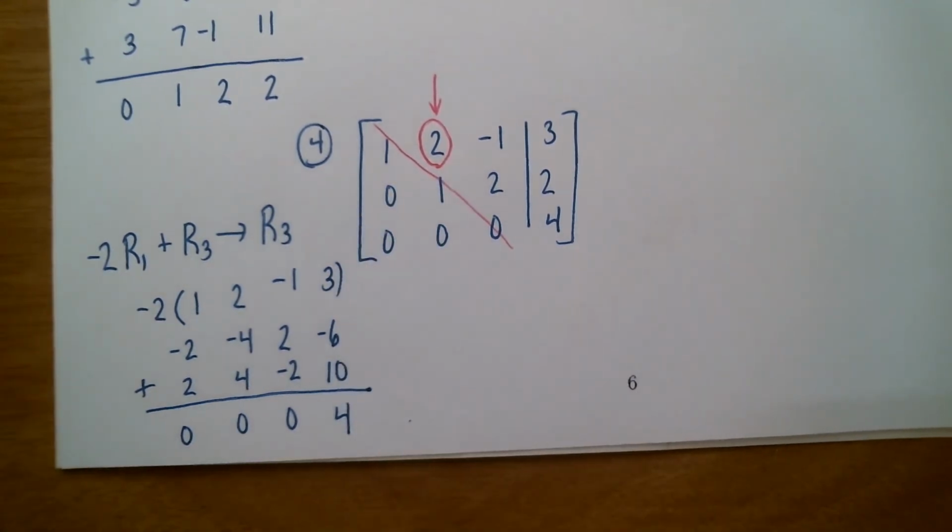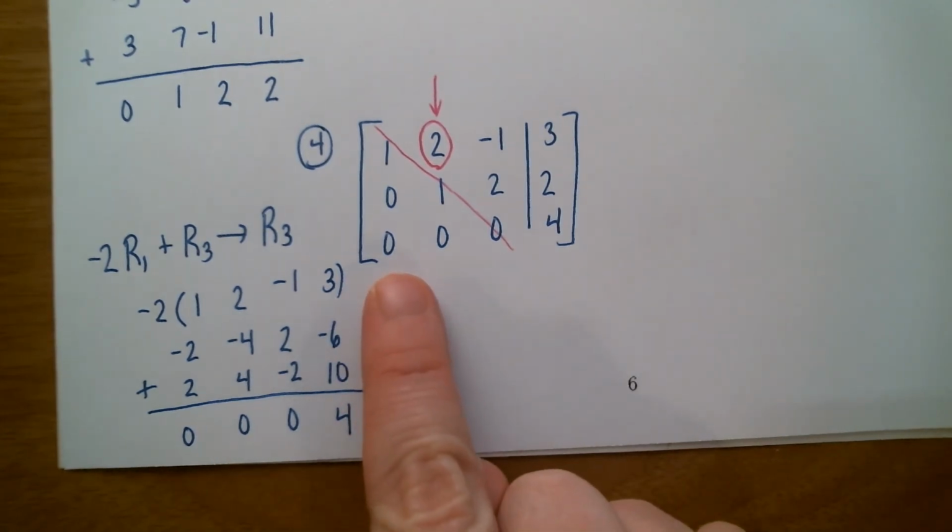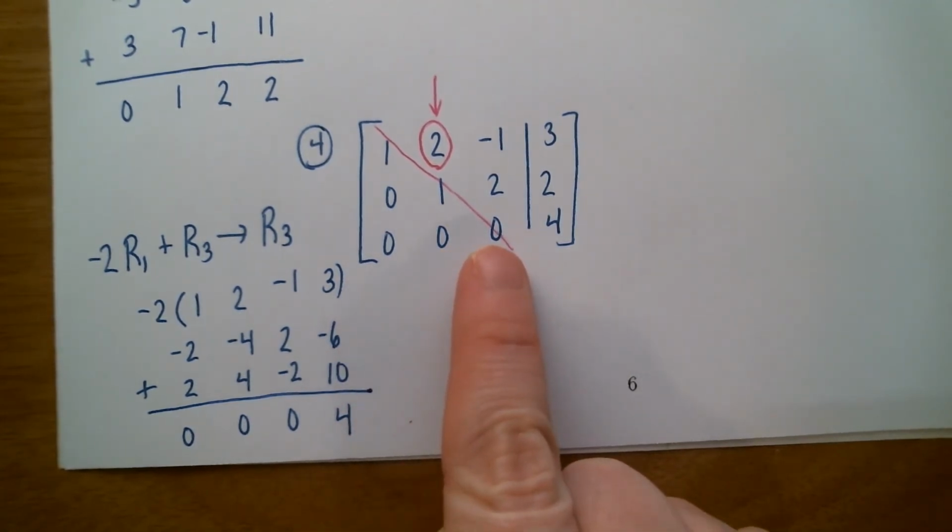Now we can go through the process like we've been doing, where you use your third row operation to get the 0. But maybe you've stared at this new matrix long enough and you realize something interesting. The bottom row is 0, 0, 0.